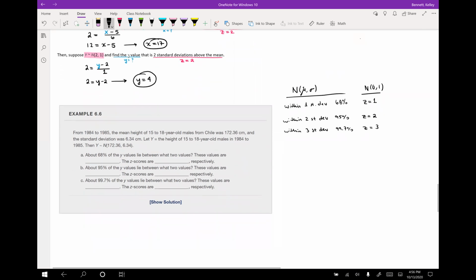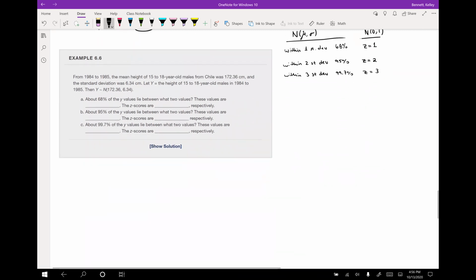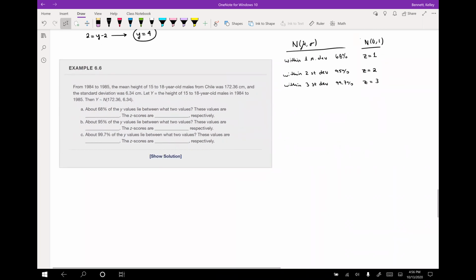So, for example, 6.6. From 1984 to 1985, the mean height, what does that mean? I'm going to write mu. The mean height of 15 to 18-year-old males from Chile was 172.36. Okay, so my mean is 172.36.